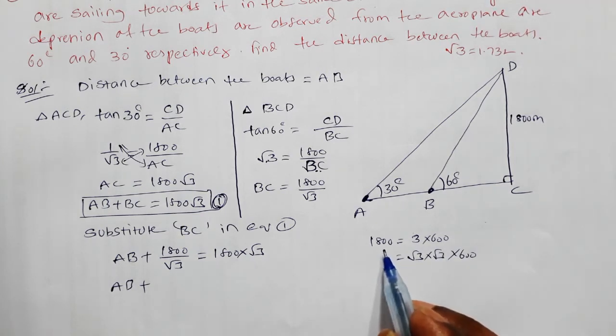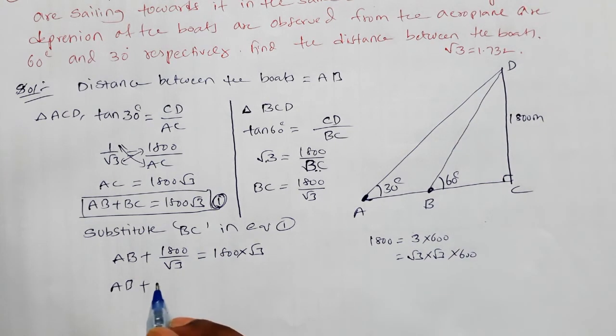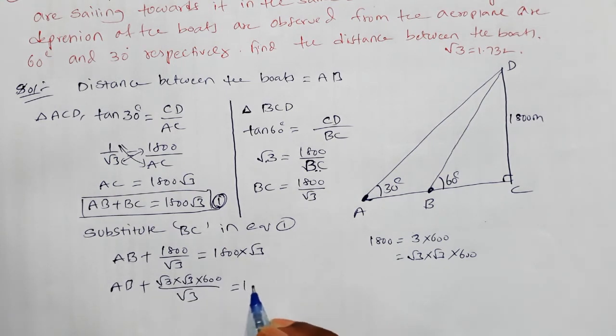So 1800 we can write like this: root 3 into root 3 into 600 by root 3 equals 1800 root 3. Why I wrote it like this is that we can cancel these both. Because of that I wrote it.